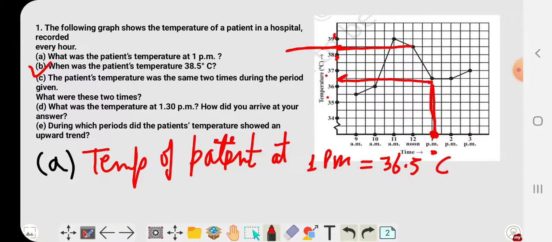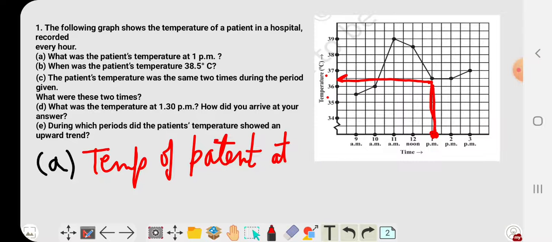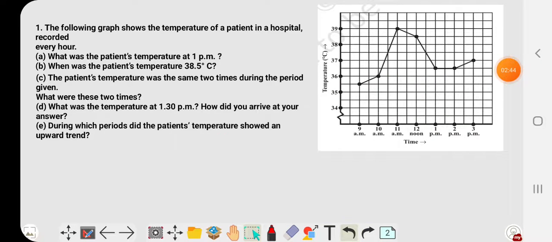Now part C. The patient's temperature was the same 2 times during the period given. What were these 2 times? Which are the 2 times in which the patient's temperature remained the same?